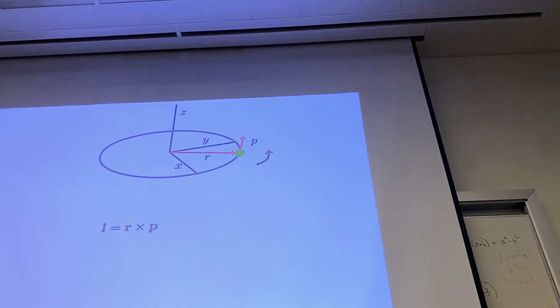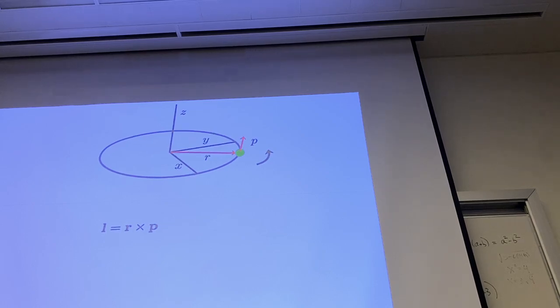And L, the angular momentum, is defined always. This is, again, not quantum mechanics, this is general. This is also classical. L equals r cross p, a vector product with p. So all of these things are vectors.